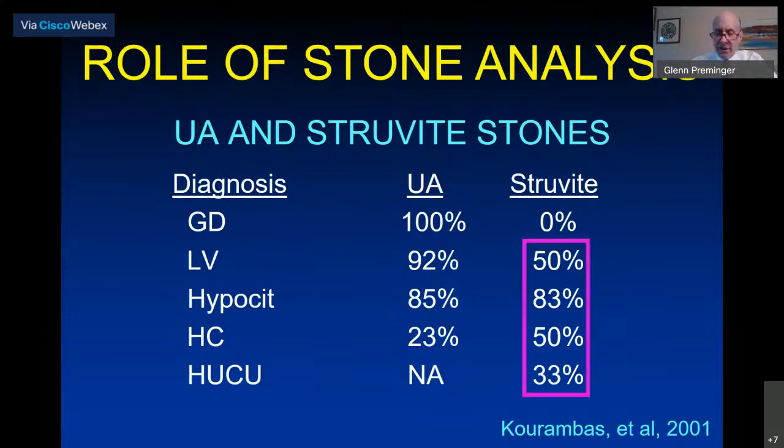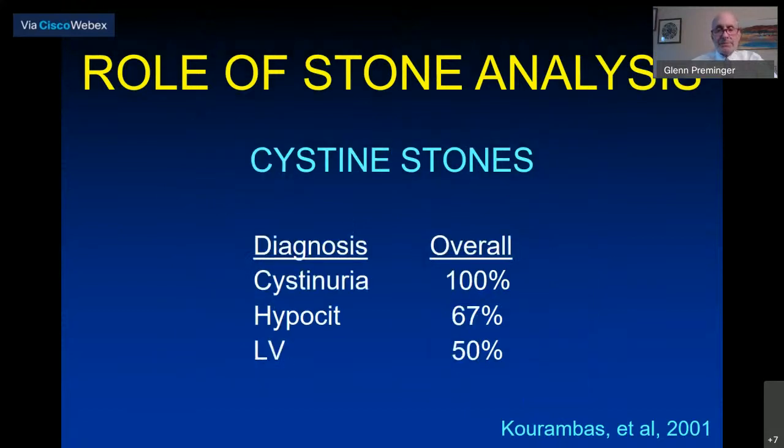But interestingly, in our struvite patients, a large percentage of our struvite stone formers also had either low volume, hypocitraturia, hypercalciuria, or hyperuricosuria. But also remember that not all patients with struvite stones have pure struvite stones. And so we believe that the patients that have mixed struvite and calcium stones are probably the ones that have the higher incidence of metabolic problems.